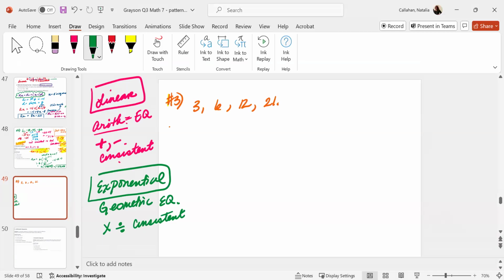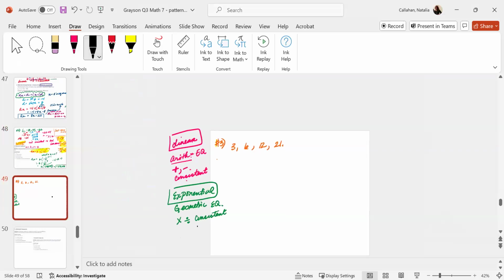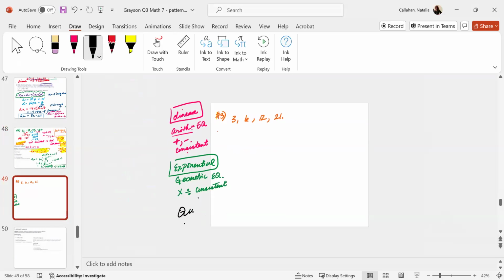Okay. So now for quadratic, we went over this a little bit before. For quadratic, the first pattern is inconsistent.